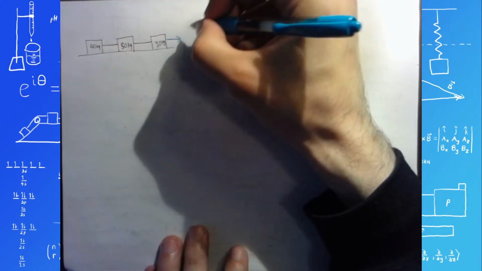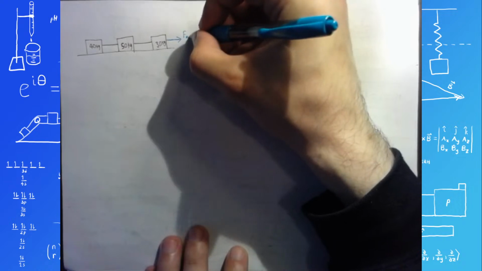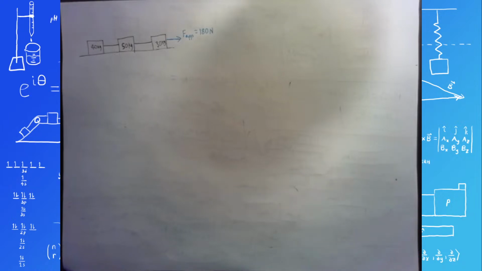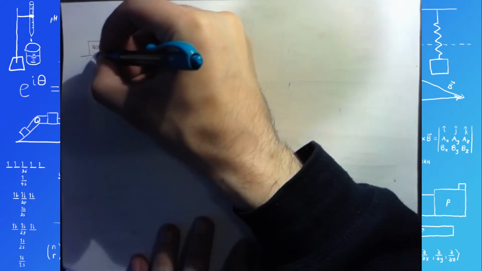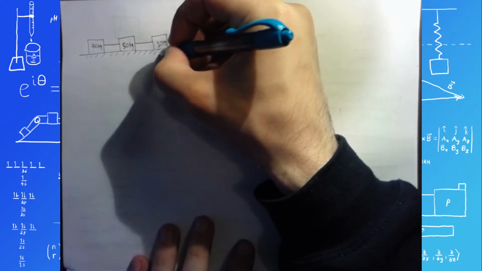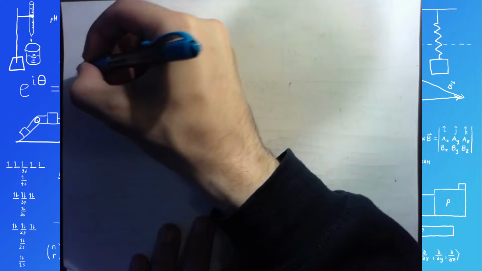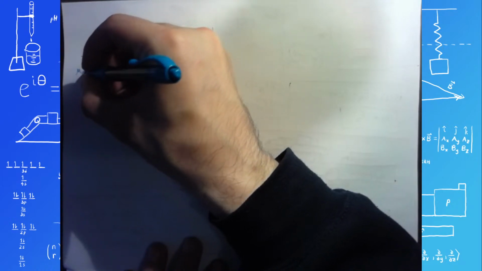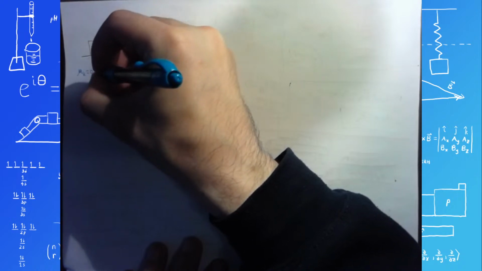There's an overall applied force given to us as 180 newtons. And it says the surface has a coefficient of friction of 0.1. So we've got a rough surface for which the coefficient of kinetic friction is 0.1.